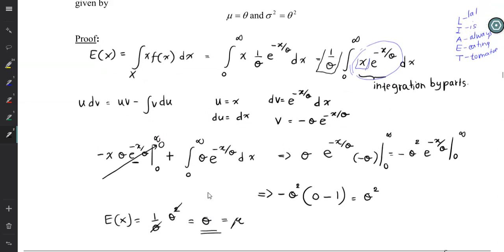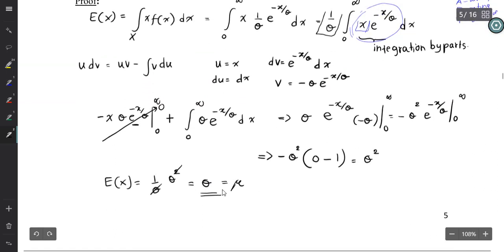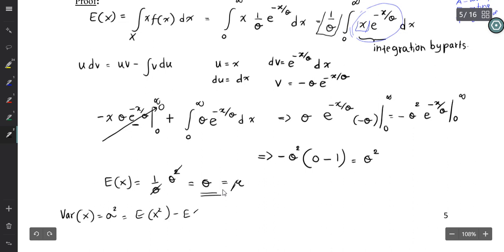Now in order to find the variance or sigma squared, again I'll leave it as an example for you. In order to find the variance, again you can use the computational formula. Again you have E[X], which is theta, so you have theta squared here.